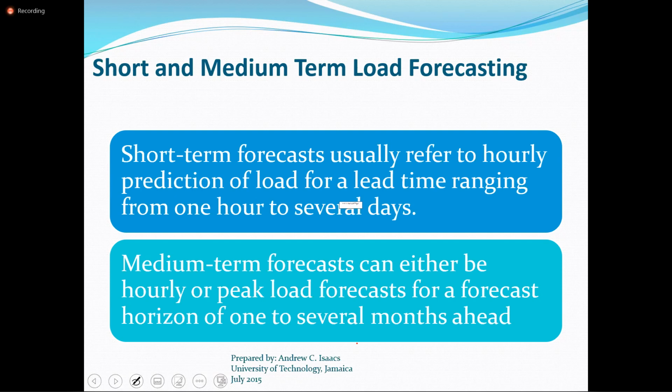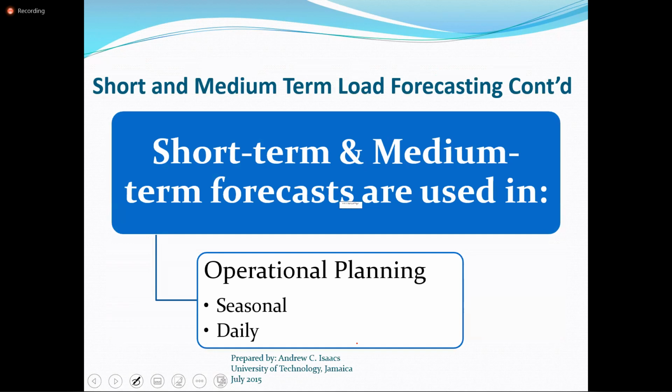Heavy demand, all right? On the summer side, it's really from locals in terms of the increased air conditioning load, etc. So forecasting is important. So for short and medium term, we're looking at operational planning, whether seasonally or daily.